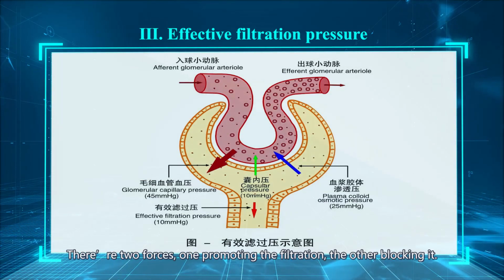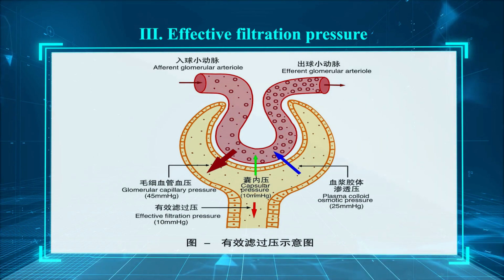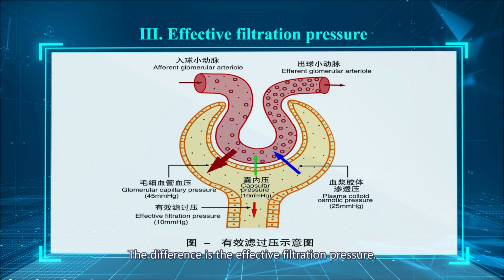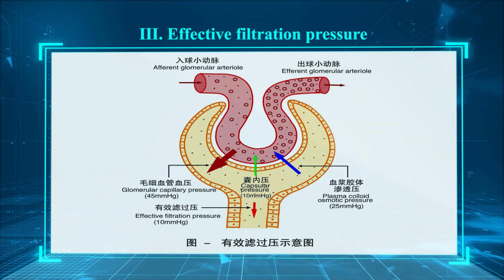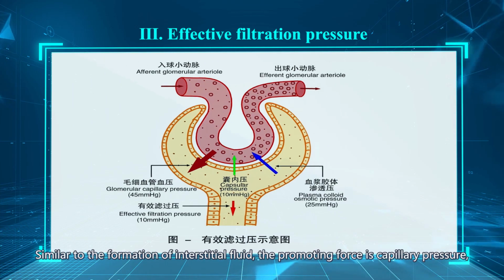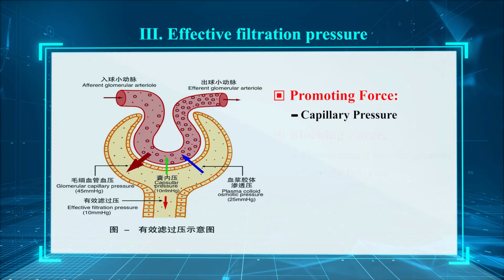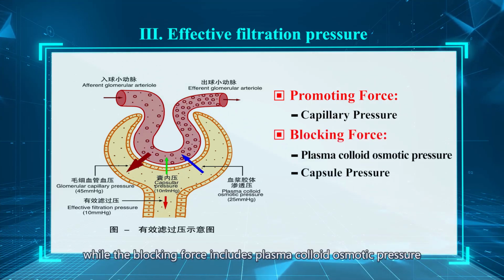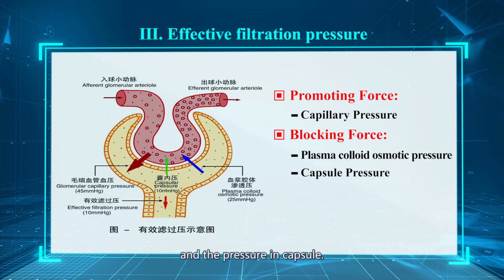There are two factors, one promoting the filtration, the other blocking it. The difference is effective filtration pressure. Similar to the formation of interstitial fluid, the promoting force is capillary pressure, while the blocking force includes plasma colloid osmotic pressure and the pressure in capsule.